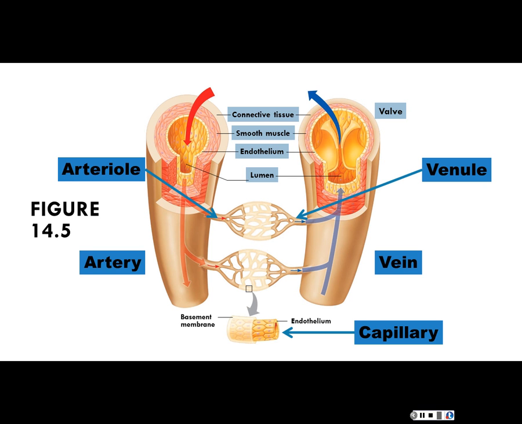The arteries could change more. Could change the diameter and the contractility. So the arteries can change their diameter a bit more forcefully than a vein could. A vein can, but not nearly to the degree that an artery could.